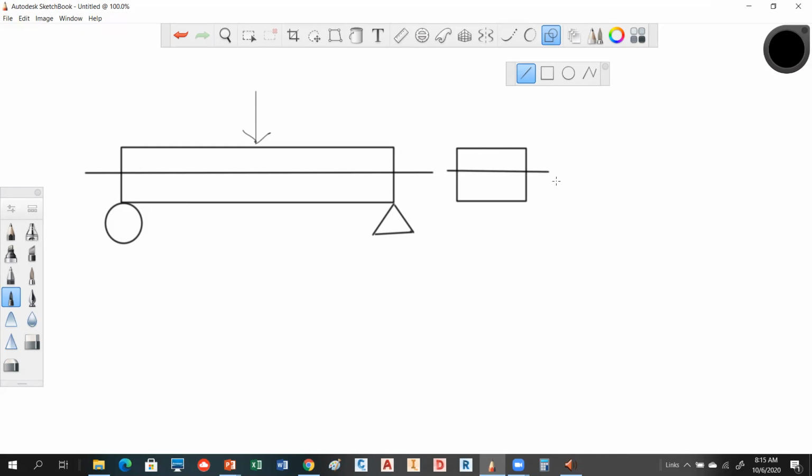So this is where centroids become very important. Now, this centroid, depending on the shape of this right here, may shift up this way or it may shift down that way. So it's not always exactly in the center, depending on the shape we're talking about. Okay, so that gives you a little bit of an idea what they were talking about back here.